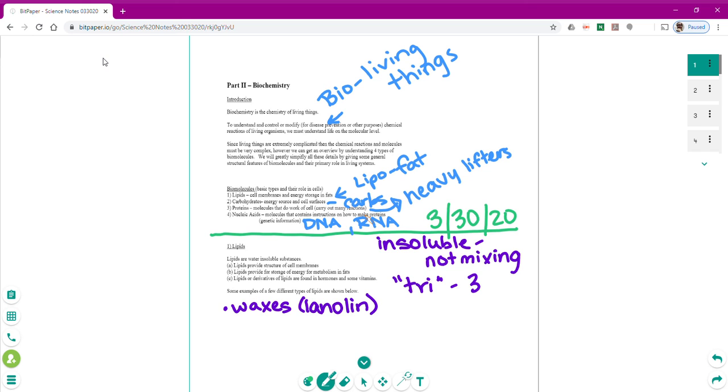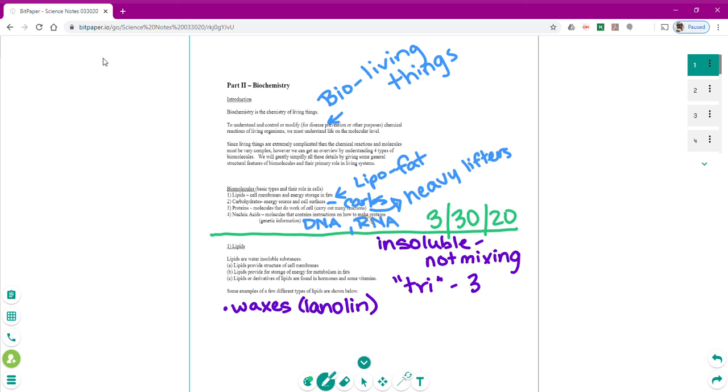And if we think about a fat, say whenever you cook meat and drain off the grease, the fat, when that cools to room temperature, normally it is a solid. It's kind of a gushy solid, but normally it's a solid. So those will also help with some of your visualization.